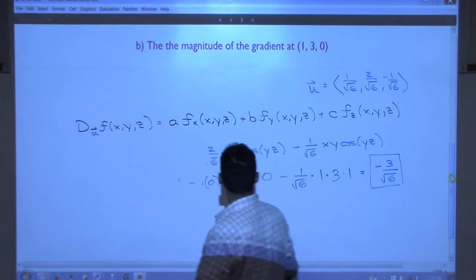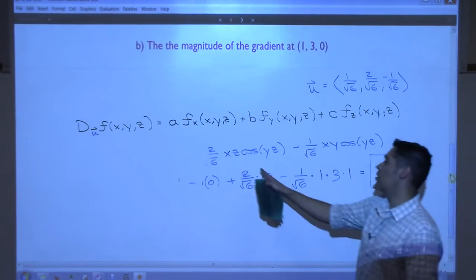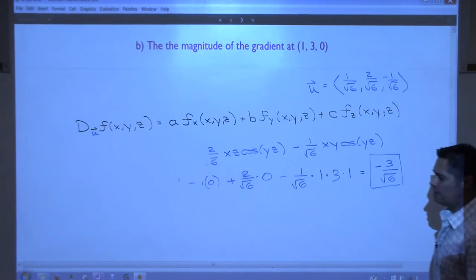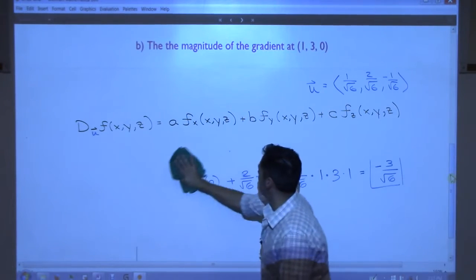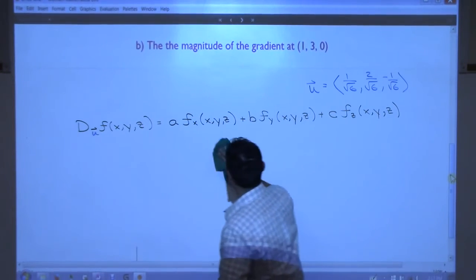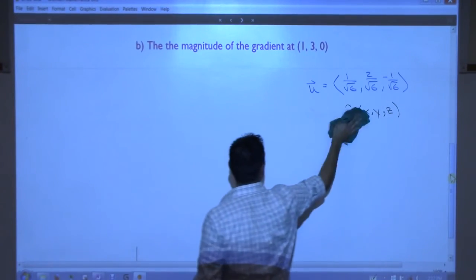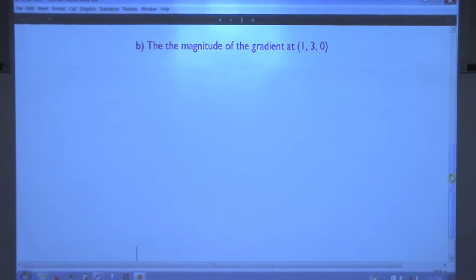For this one, xz cosine yz, shouldn't it be 2 root 6 there? Oh, z was 0. Z was 0. Okay, never mind that. That saved me. Wait, no. I've made mistakes before. Wouldn't be the first time.